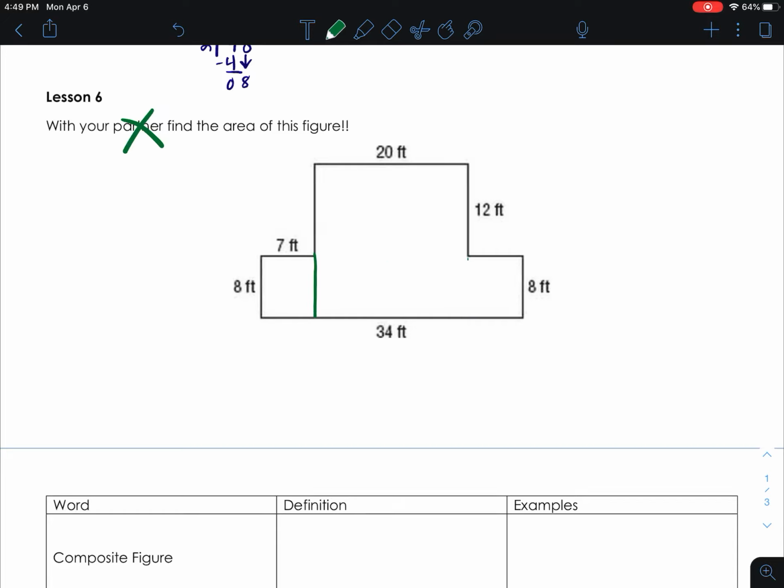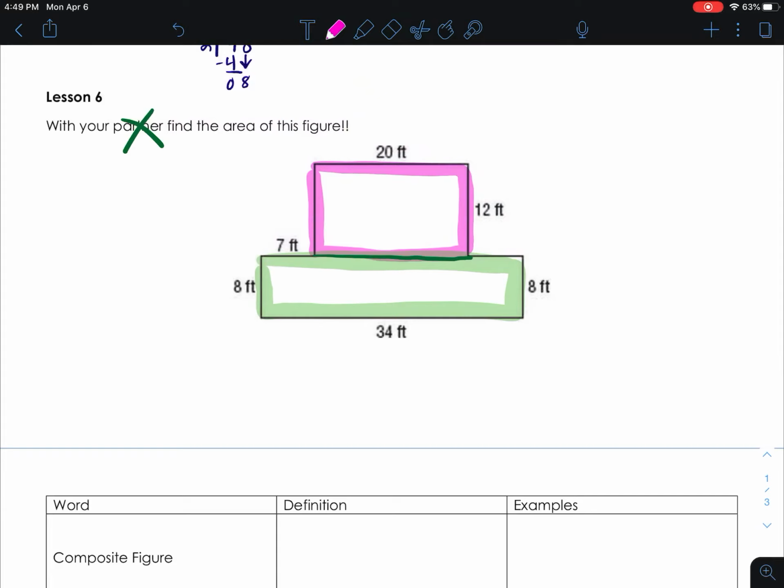The other way you could slice it is down this way, which I think is the most obvious and probably the easiest. So I'm gonna solve it this way, but I'm gonna highlight this one. Say this is the pink one, and this one right here is gonna be the green one.